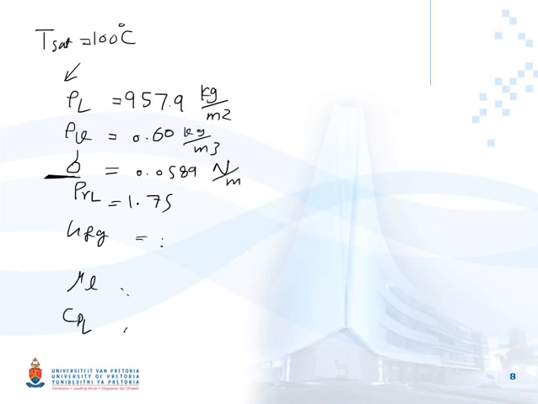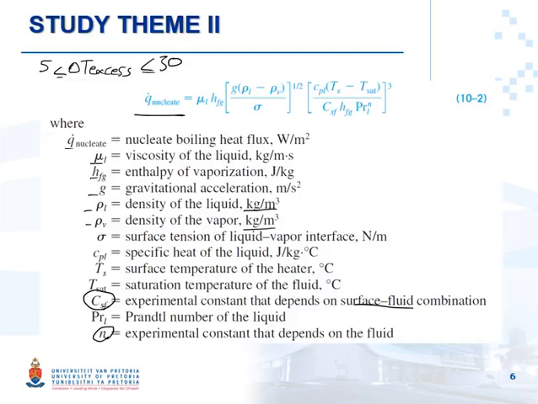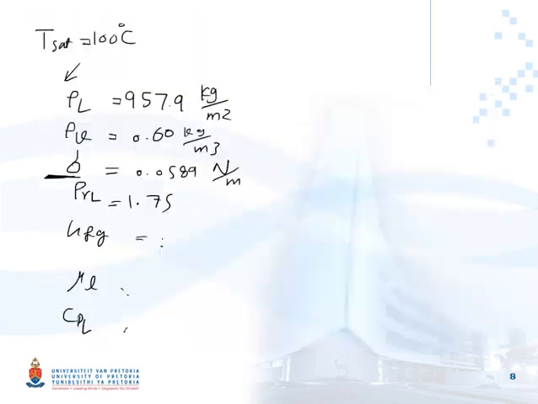So you read them from the table. If you remember here, we mentioned two constants. One was CSF, an experimental constant that depends on the surface-fluid combination, and N is an experimental constant that depends on the fluid. So how can you find that? There is a table, 10.3, if I'm not mistaken.